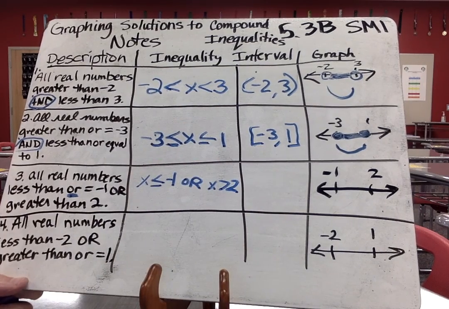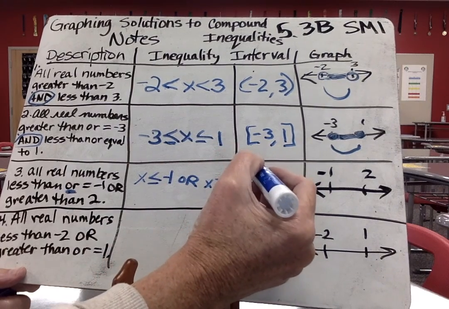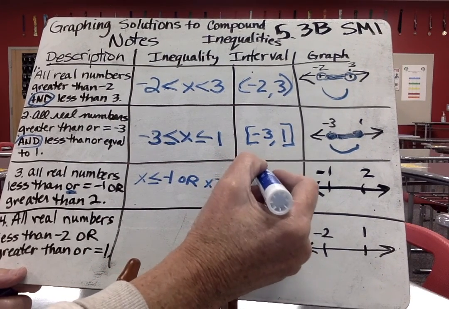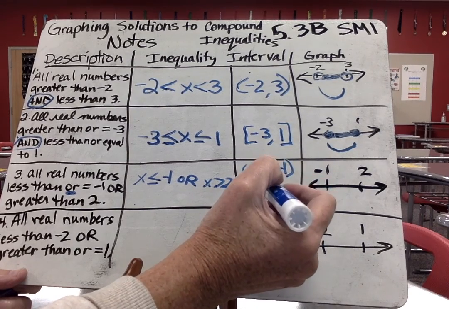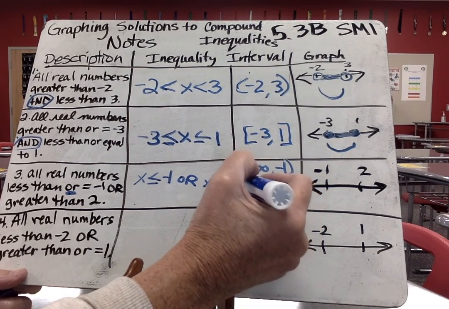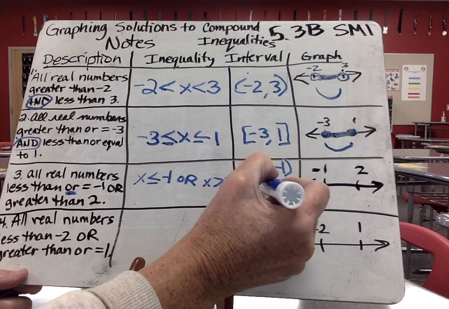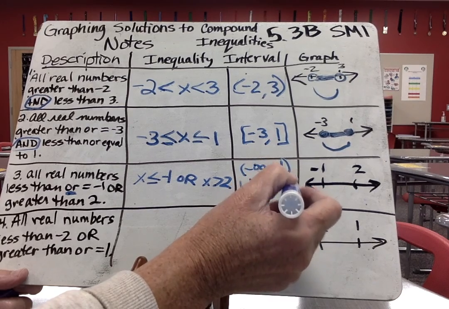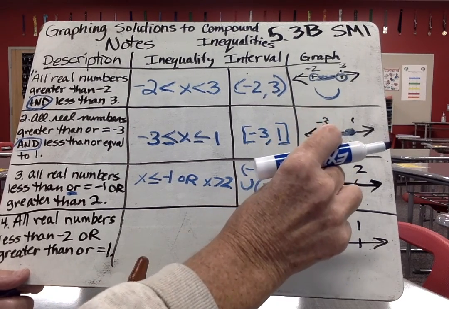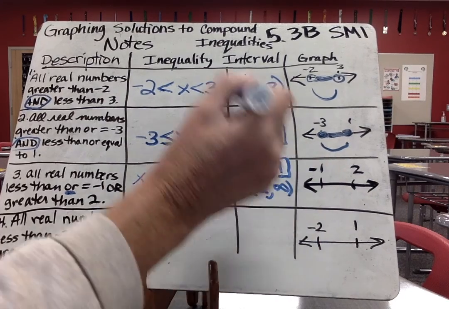So that means our interval is going to have some type of union. We're going to have an interval going from -infinity to -1, and we're going to unite that, union, with 2, comma, infinity. I made a mistake up here: -1 is included, so it should be a bracket there.